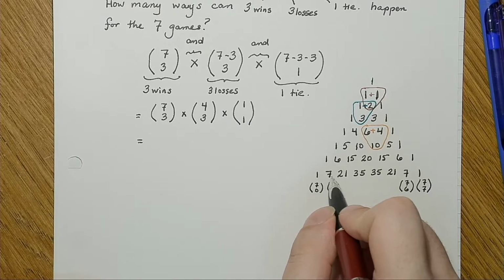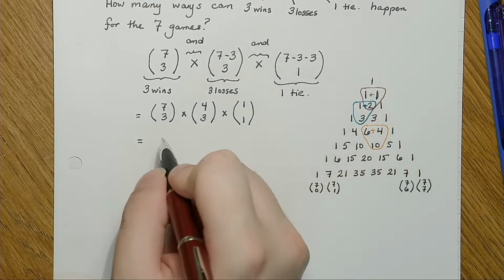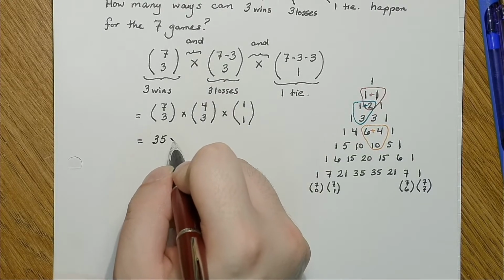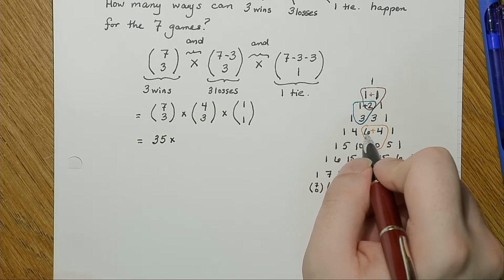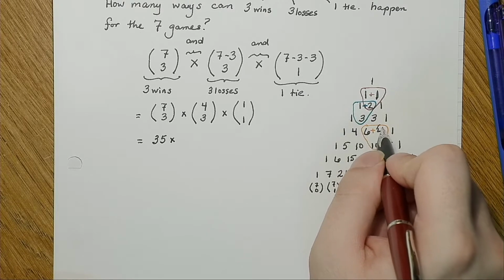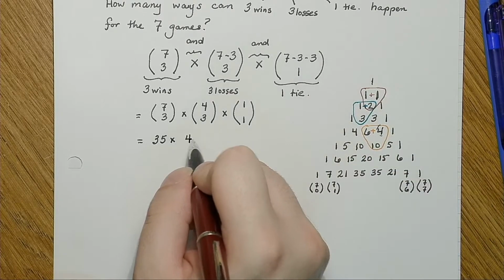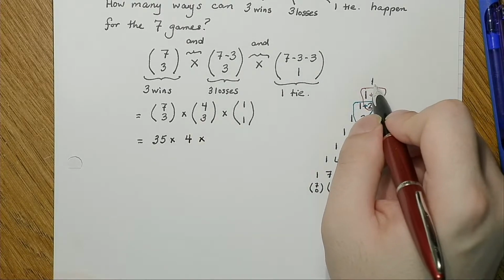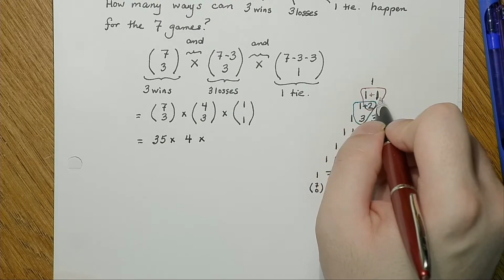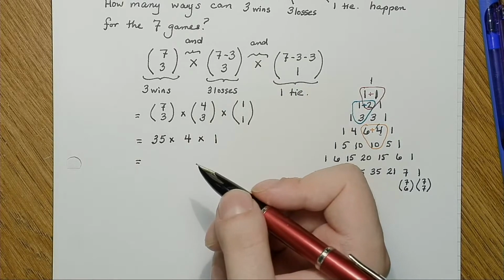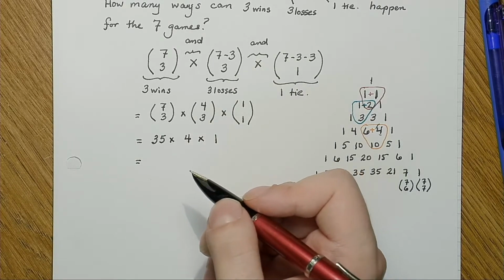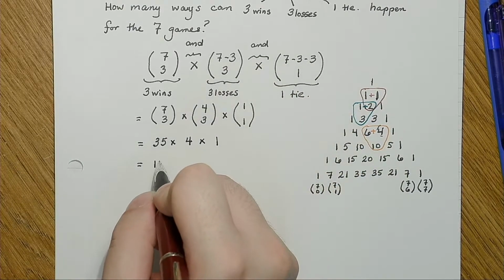So that's 0, 1, 2, 3. So that's 35 times, and now I need to look for the 4. So that's 0, 1, 2, 3. So that's 4 choose 3, which is 4. And then I need to do 1 choose 1, which is 0, 1. So that's just 1. Then the 35 times 4 is 140.